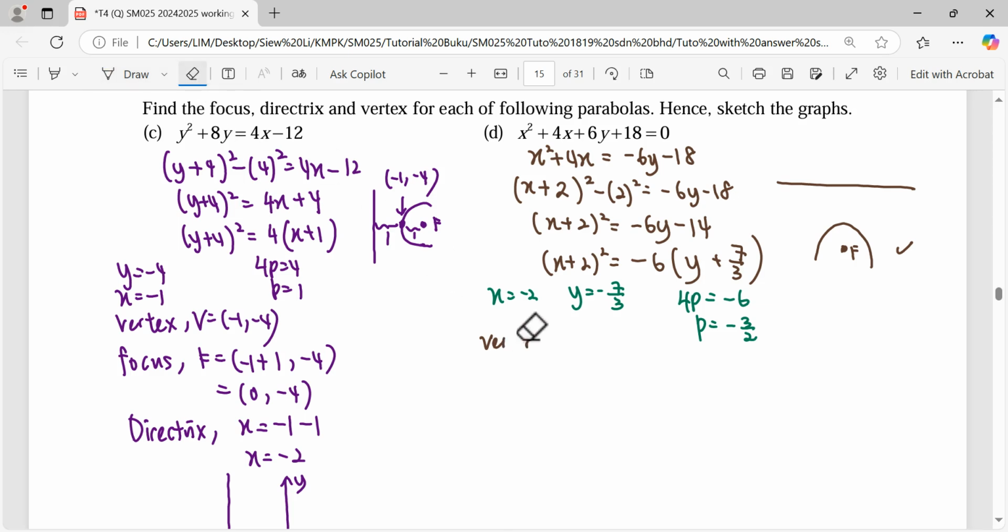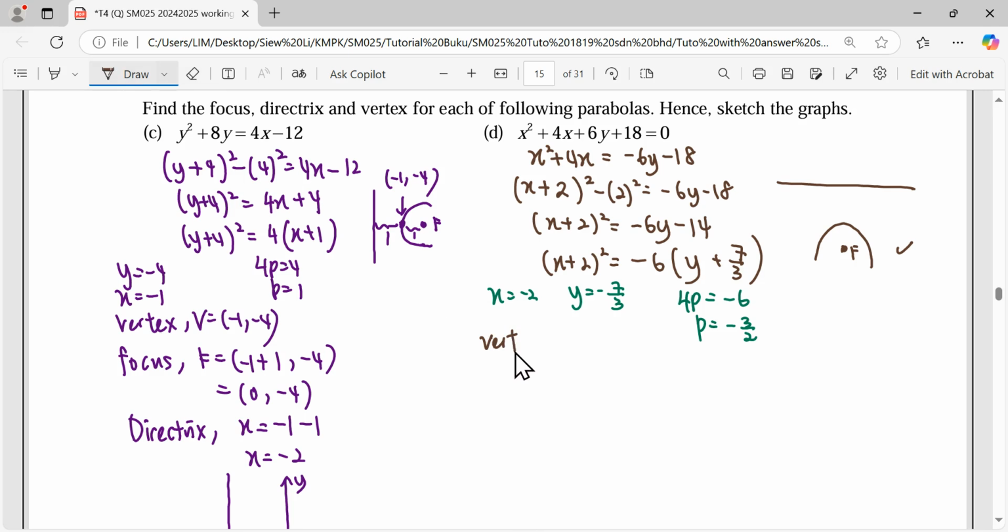Vertex is (h, k), which is negative 2, negative 7 over 3, our x and y coordinates. Then when I want to find the focus point, we get our vertex here, negative 2, negative 7 over 3.